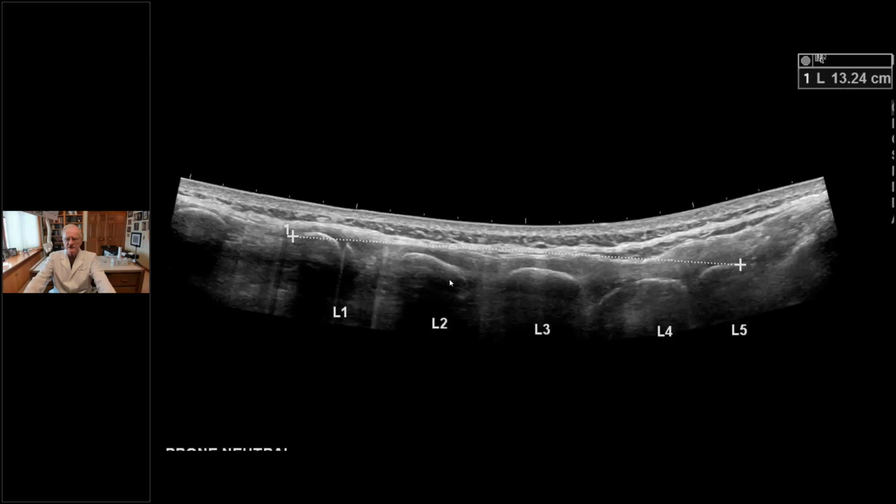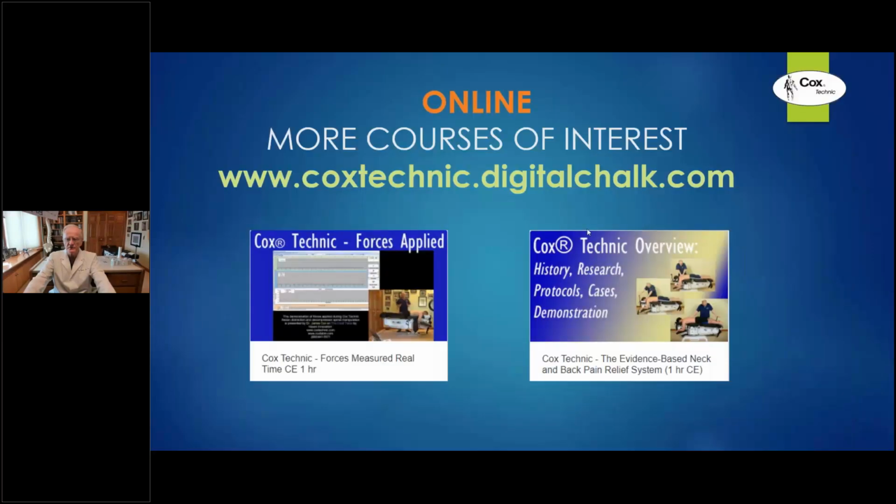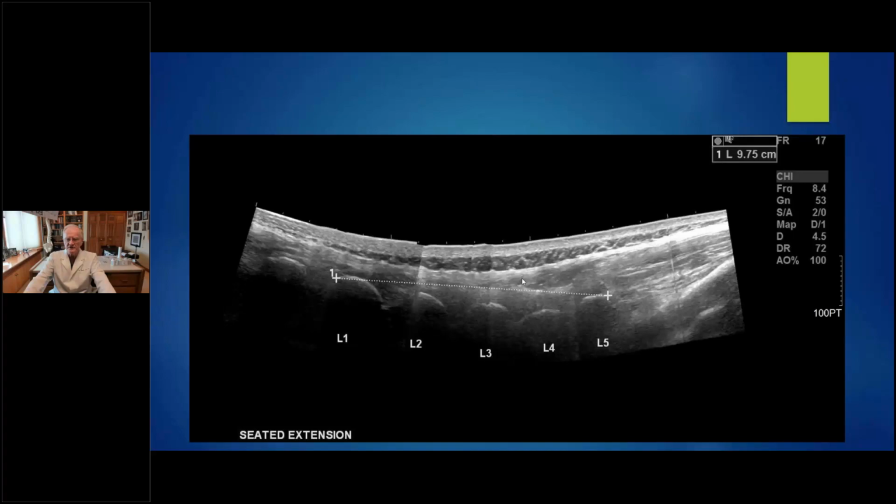Under flexion, it increases to 17.51, a marked increase in interspinous spaces. When we go into extension, it reduces to 9.75 centimeters. So you see quite a dramatic change when you apply flexion distraction, manual or automated, which we'll show now. And the next step will be what?